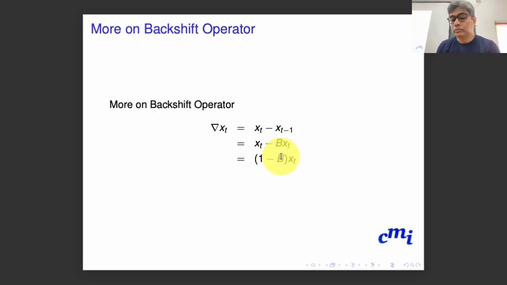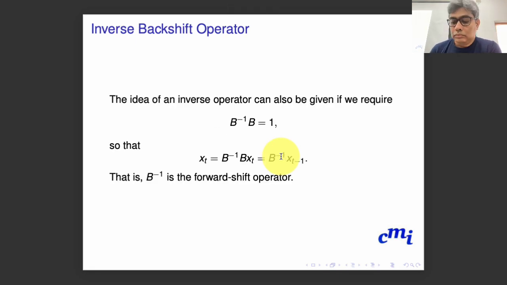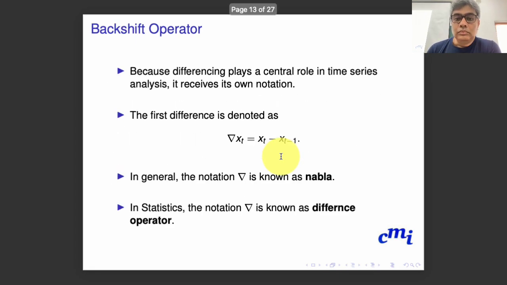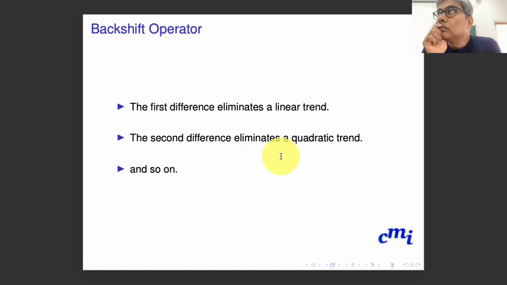In the difference operator, to eliminate a quadratic trend, we need the second difference: first difference and then the next difference. While handling data, suppose I am doing the first difference. How do I see whether it worked?